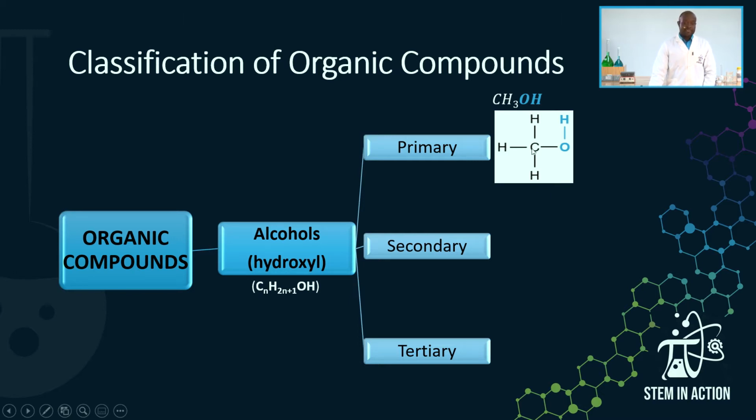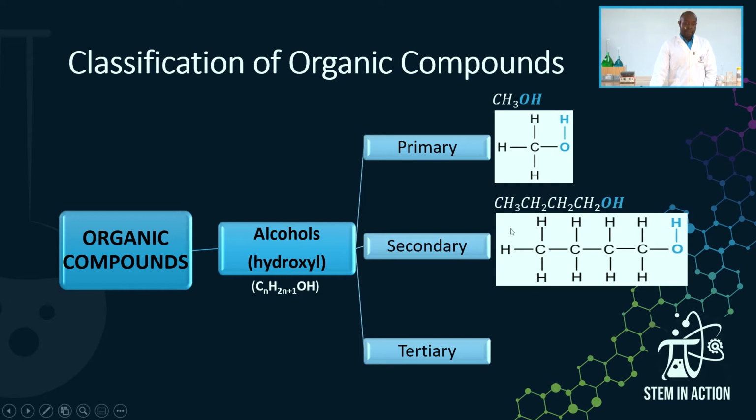And what you notice is that the carbon that is bonded to our functional group, so all our functional groups are indicated in blue, and the carbon bonded to the hydroxyl group is bonded to 3 hydrogens. For the primary alcohol, for the secondary alcohol, the carbon bonded to the hydroxyl group is bonded to 2 hydrogens.